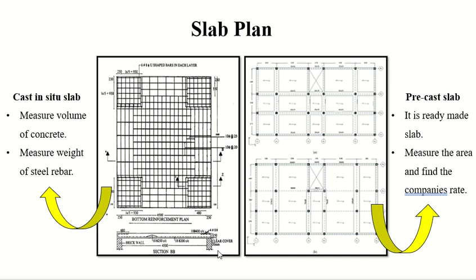Clear? If it is a slab which is precast, what are you bringing to the site now? The slab. Then normally companies charge according to the area of the slab.